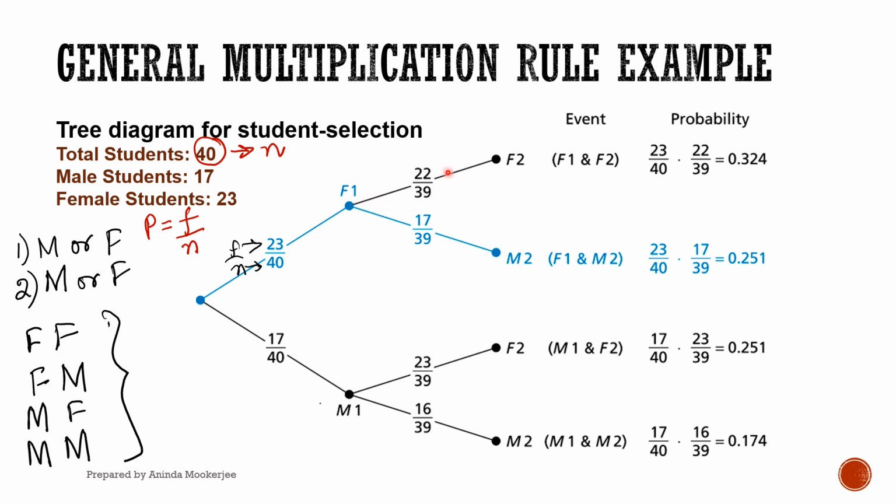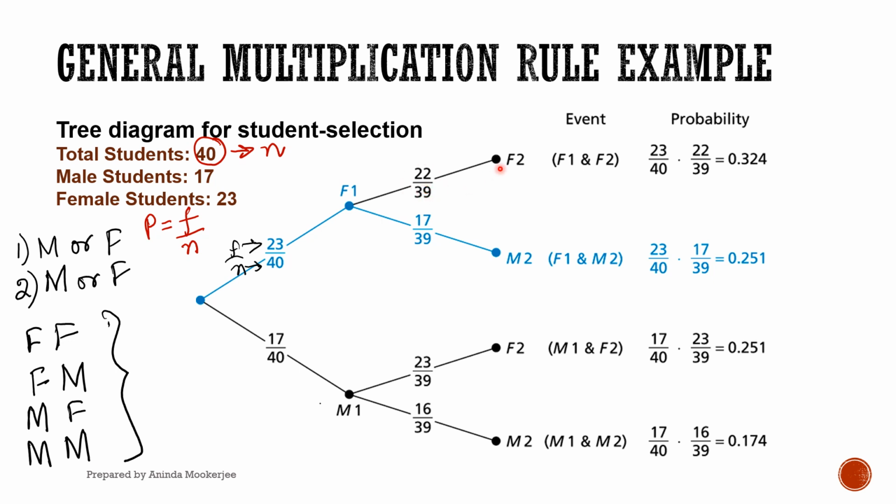Let's look at what happens in the second draw. In the second draw, if I picked a female student, then the probability of picking a female student the second time would be 22 over 39. All right, why so?